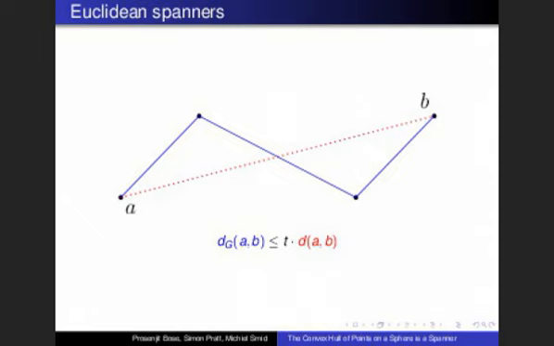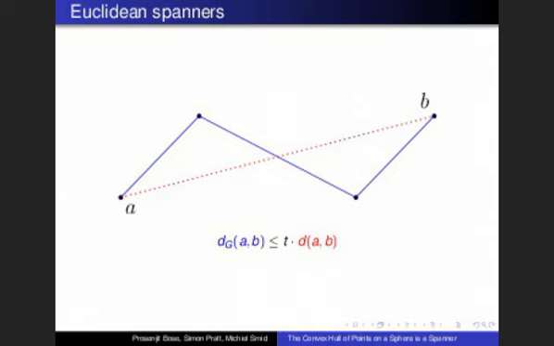And we say that such a graph is a Euclidean spanner when for any 2 points there always exists a path of at most some constant factor times the distance between those points. So the path goes through the graph, but the distance, the line segment that is from the start point to the end point, isn't necessarily in the graph.